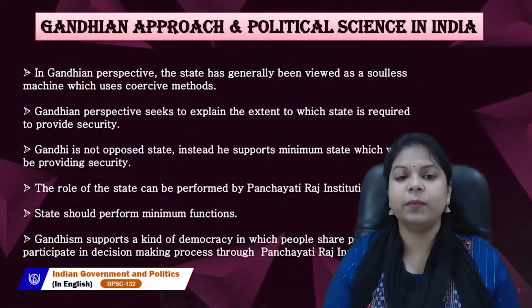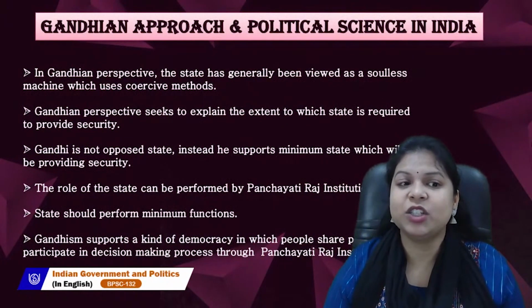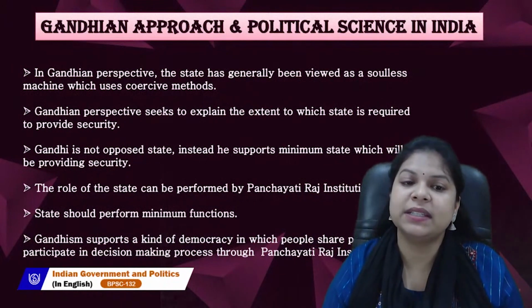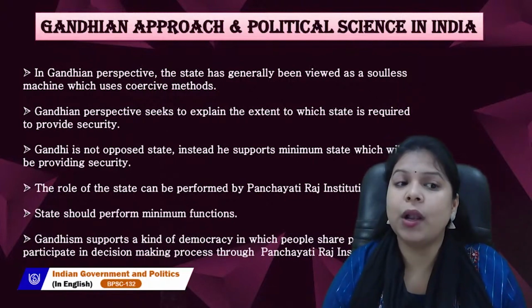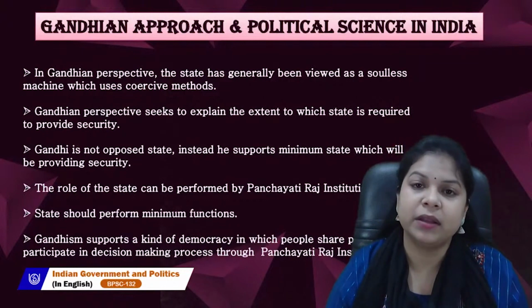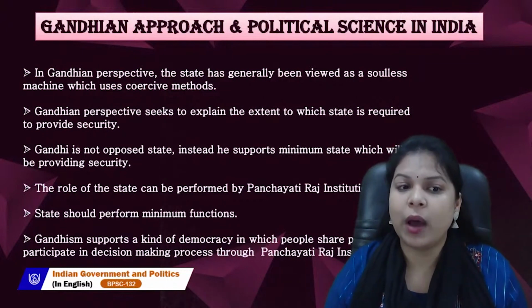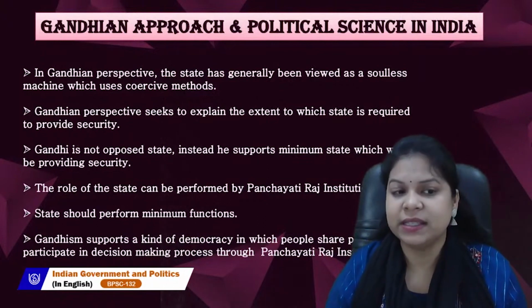In the Gandhian perspective, the state has generally been viewed as a soulless machine which uses coercive methods. For Gandhi, the state has the power to use coercive methods, which he doesn't want to happen, and that is why he wanted a very minimal role of the state.